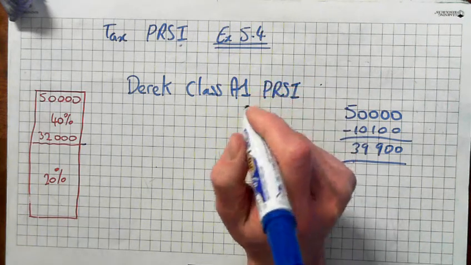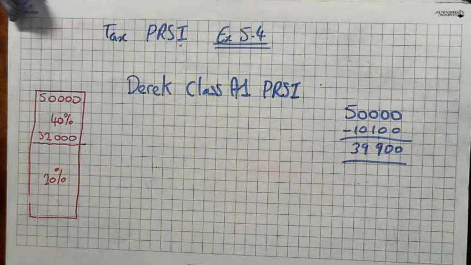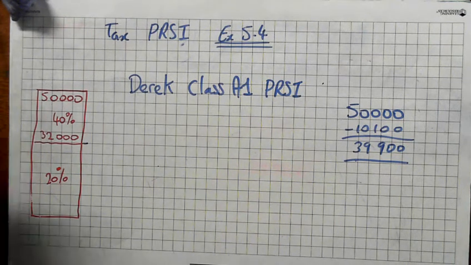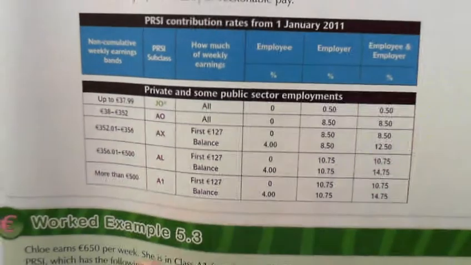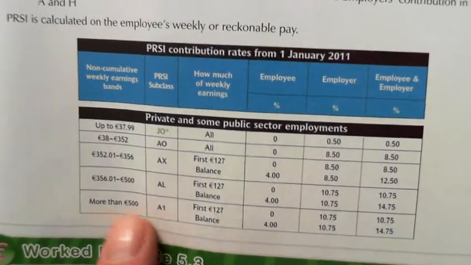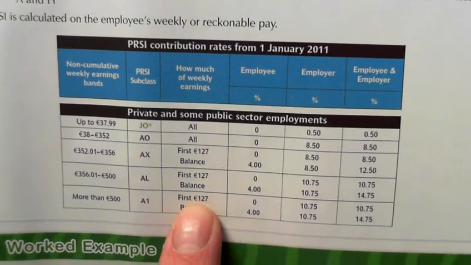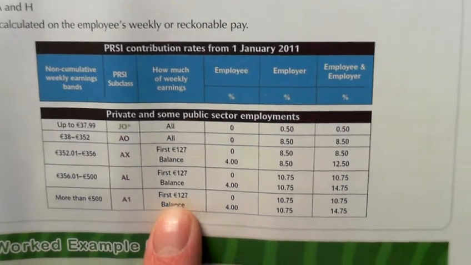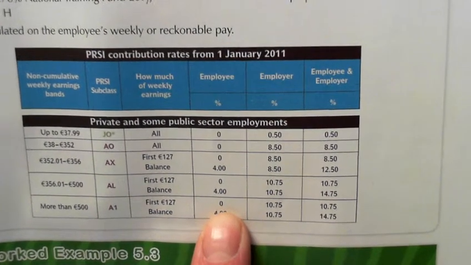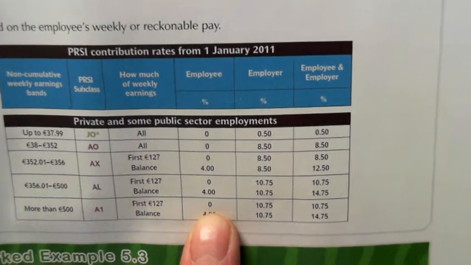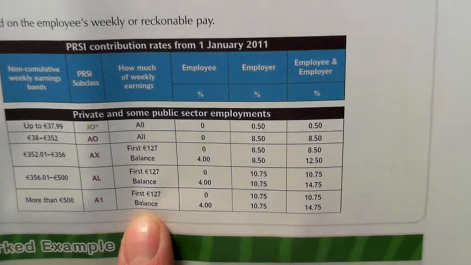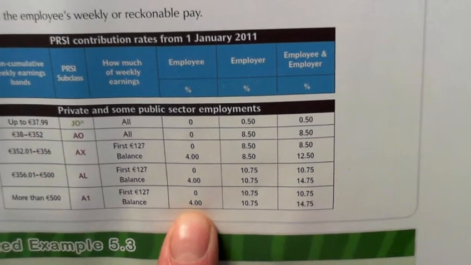And Class A, if you go back to the previous page, on page 101 of your booklet, if you look up here at the table, he's in Class A1, so he's in this group here. Every week, on the first €127 of what he gets, he doesn't pay any PRSI. And then on the remainder of what he gets that week, he pays 4% PRSI.